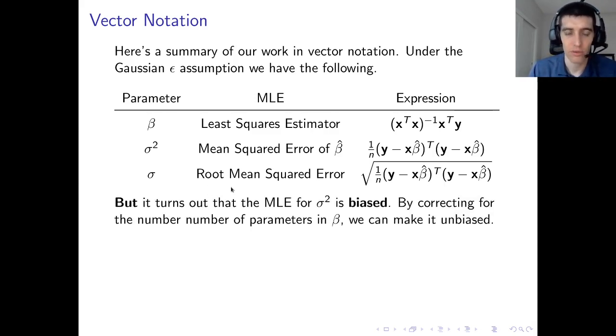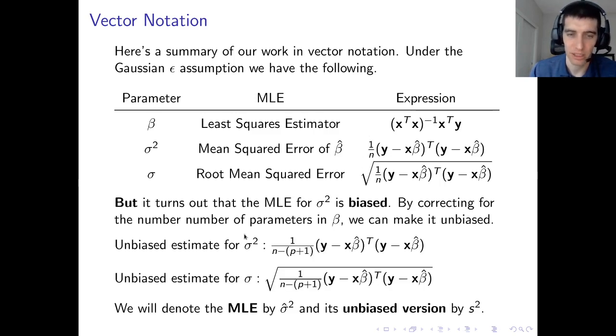It turns out, unfortunately, that the maximum likelihood estimator for sigma squared, this one here, is actually biased. Remember what that means? That means that the expectation of our estimator is not equal to sigma squared. We can correct for this by altering what we divide by here.